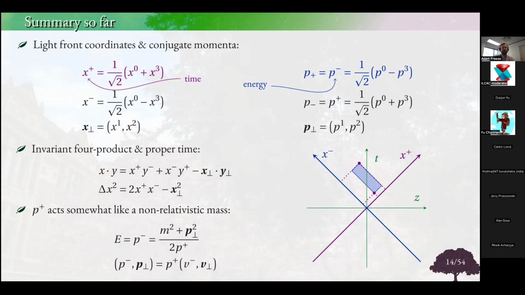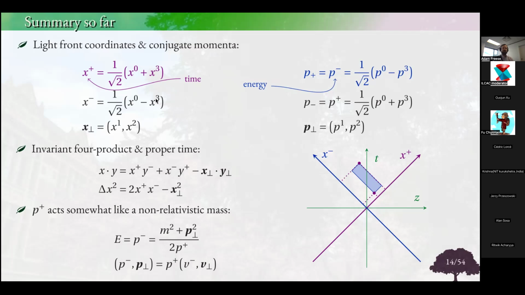The light front coordinates are always defined in terms of an x plus and an x minus, which are known as null coordinates or light cone coordinates. One of them is going to be t plus z, or x0 plus x3. That's x plus, and x minus is defined as t minus z, or x0 minus x3.